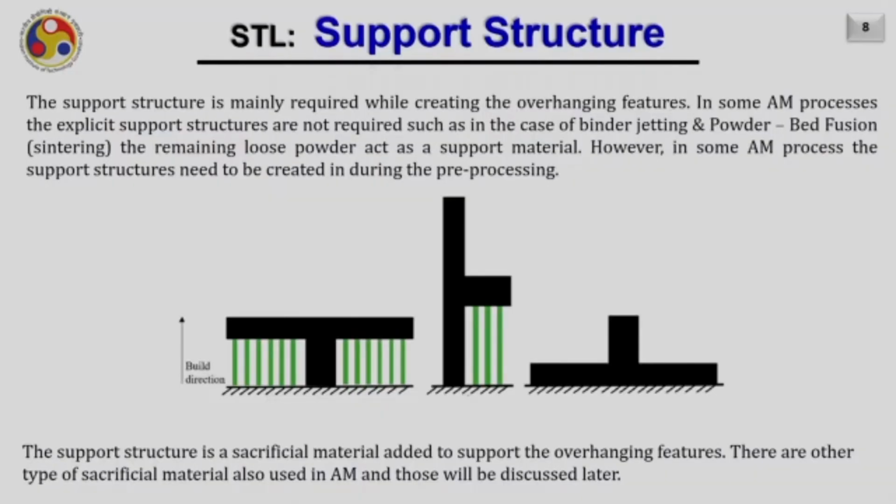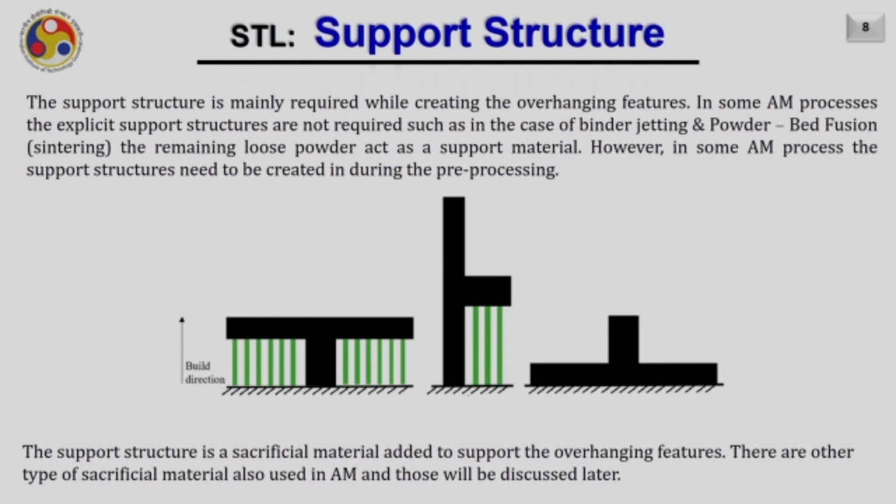Now let us discuss the support structure. The support structure is mainly required while creating the overhanging features in the STL files. In some additive manufacturing processes, explicit support structures are not required, such as binder jetting and powder bed fusion, particularly sintering, where the remaining loose powder acts as a support material and can later be removed easily.